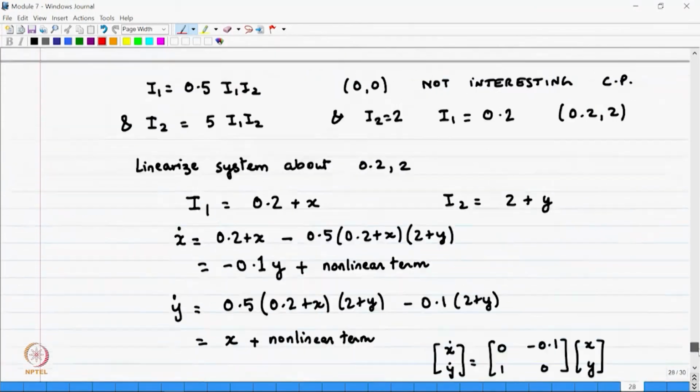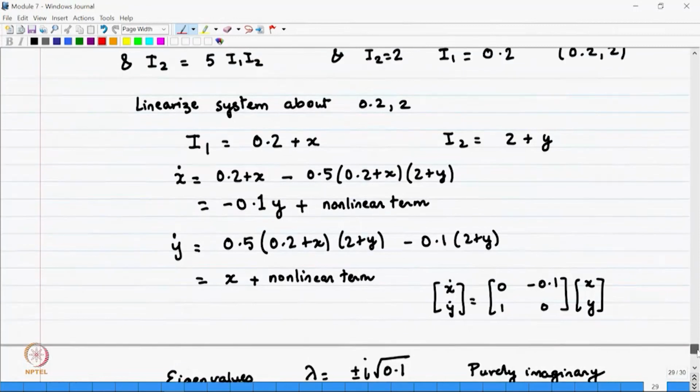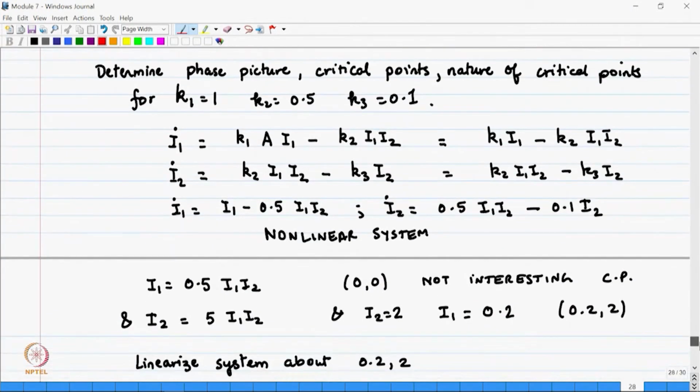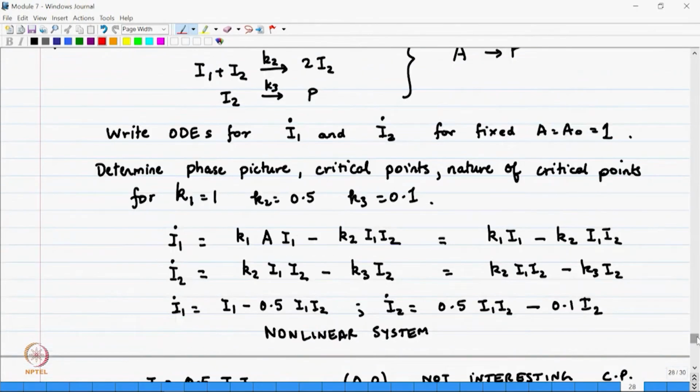So if it looks like a center, then we go back to our nonlinear equations. So these are our nonlinear system of equations. So I1 dot is I1 minus 0.5 I1 I2.